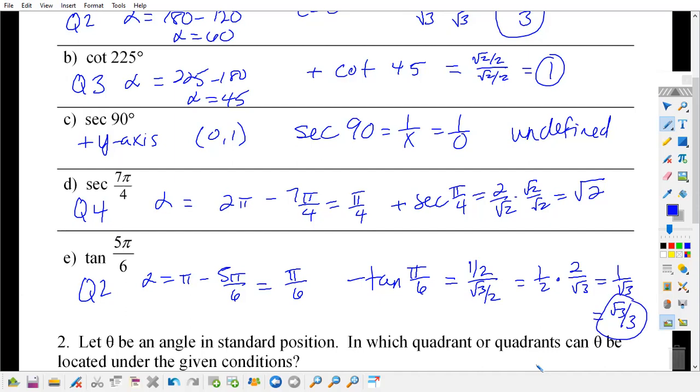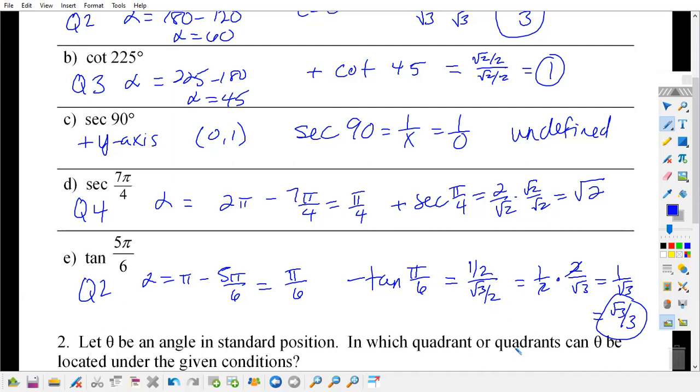Say what part again? We multiply by the reciprocal, and we get 1 over the square root of 3. We rationalize and we get square root of 3 over 3. That part? You keep the numerator, you change from division to multiplication, and you reciprocate the denominator.